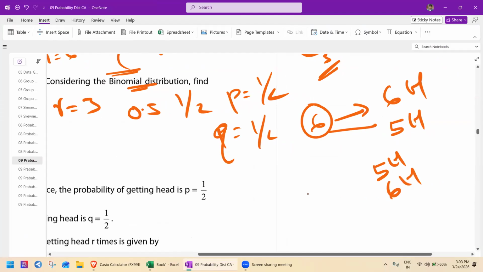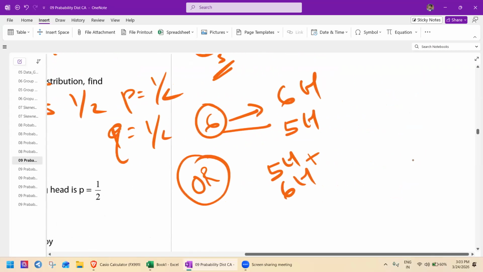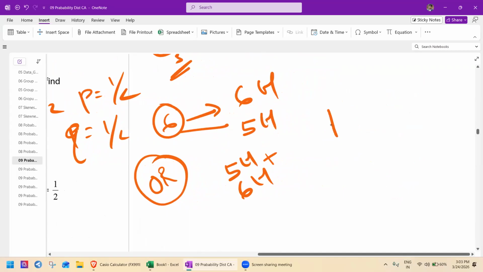Accordingly, we have to use OR logic. So OR logic means we have to add these two. Here, what's the probability of getting 5 heads? Probability of getting 6 heads.